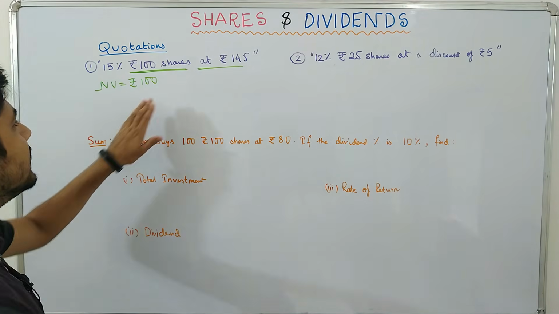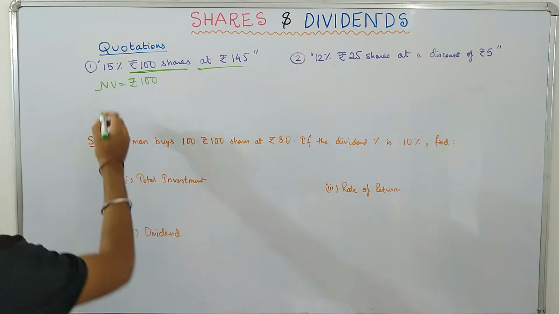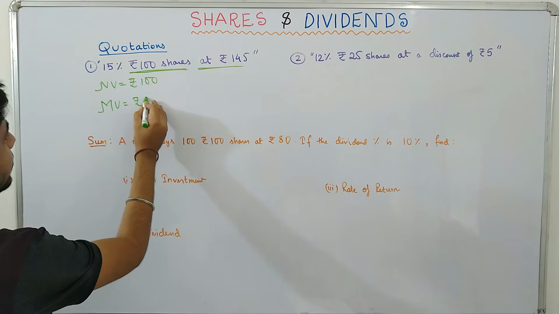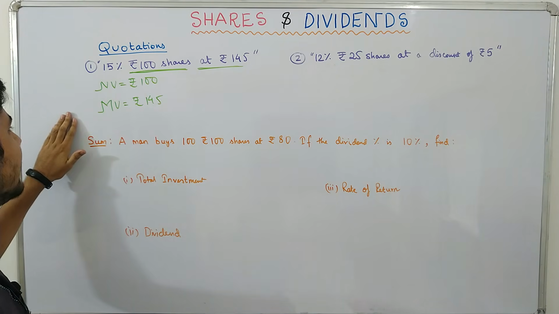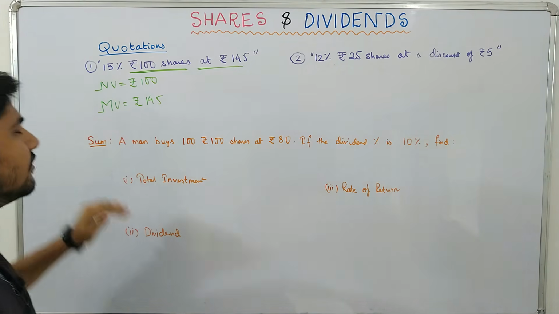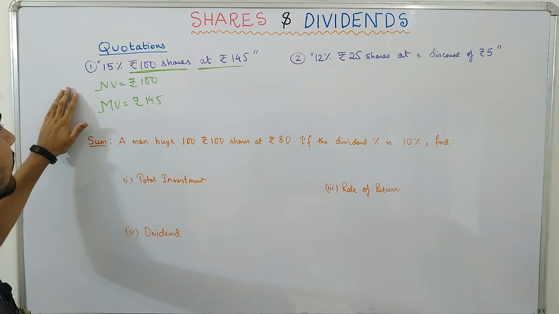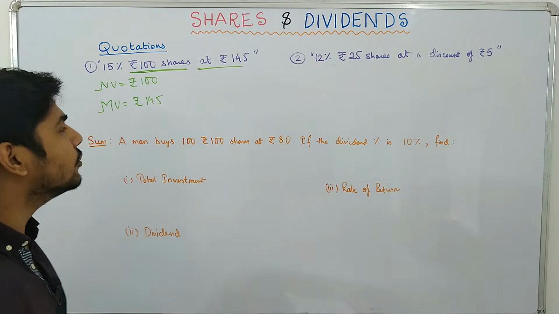That means rupees 100 shares are selling at rupees 145, which means the market value of each share is rupees 145. Over here we can see that the market value is greater than the nominal value. As I told you, when the market value is greater than the nominal value, the shares are selling at a premium. So we get to know that also.